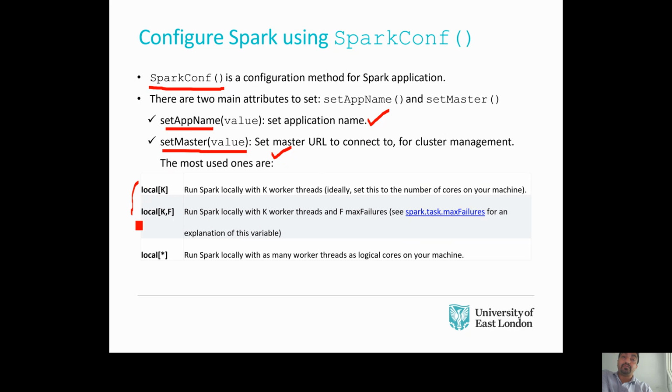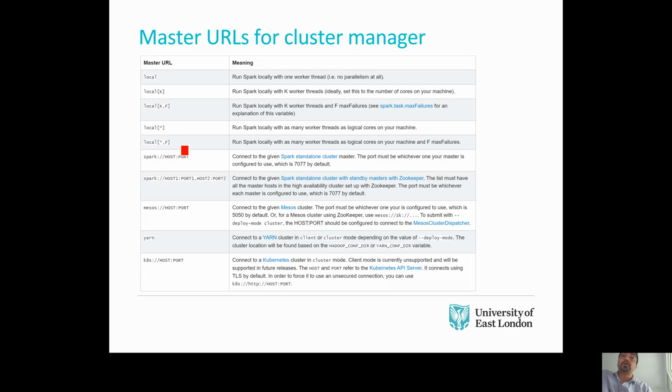We have 3 types of cluster manager that are frequently used for this step. Let's see what these are, guys. If you set it to local, it is going to run Spark locally with one worker. So it means if you have a CPU with 4 cores, in this case you are using only 1 core, so not really interesting.